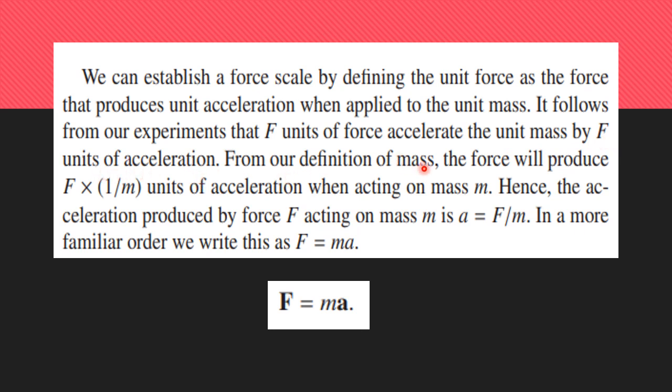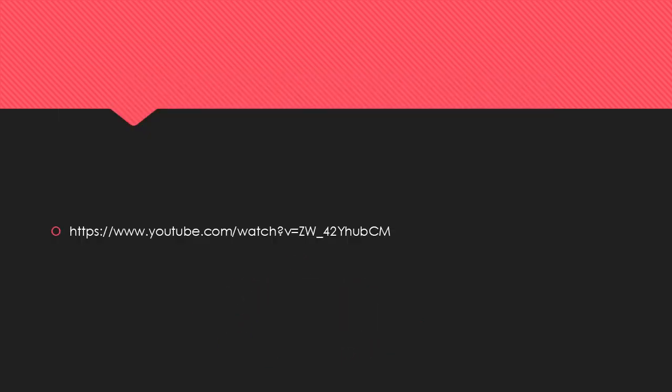From our definition of mass, force will produce F into 1 by m units of acceleration when acting on the mass m. Hence the acceleration produced by force F acting on mass m is A equal to F by m. In a more familiar order, we write it as F equal to ma. So our second law is F equal to ma.